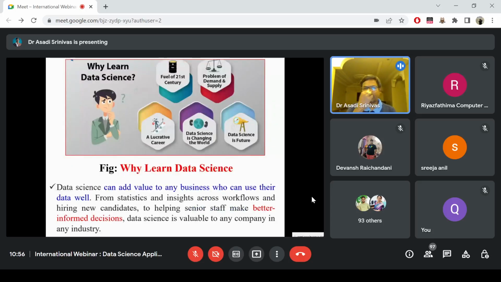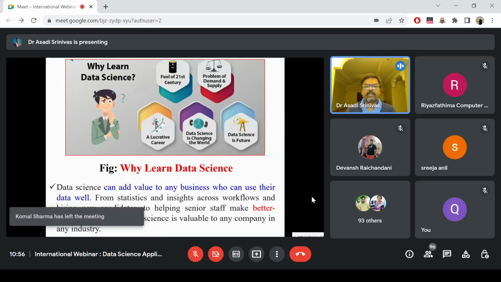Why learn data science? There are 5 reasons. Data science is the fuel for the 21st century, a problem of demand and supply, a lucrative career. Data science is changing the world. Data science is the future. So that's why we want to learn data science.